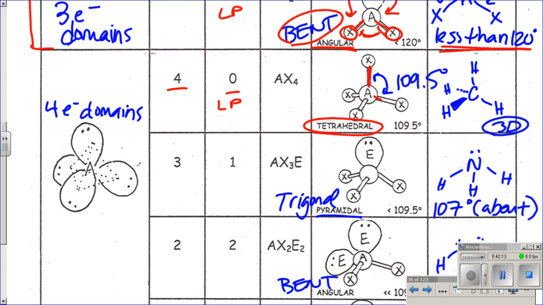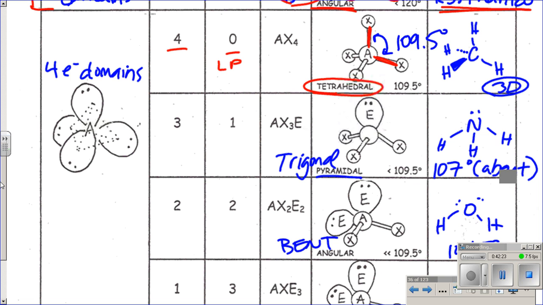From this to this, you can definitely see it's not a right angle, so not 90 degrees, it's 109.5. We've gone over this already, and that's called tetrahedral, 4 legs, tetra. If you have 3 bonds, or ligands, and you have 1 lone pair, that 1 lone pair is going to repel the other bonded areas.